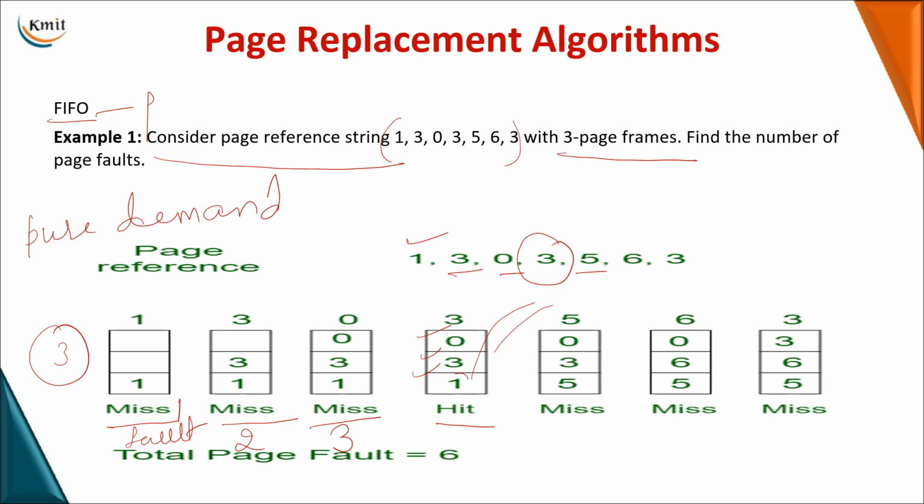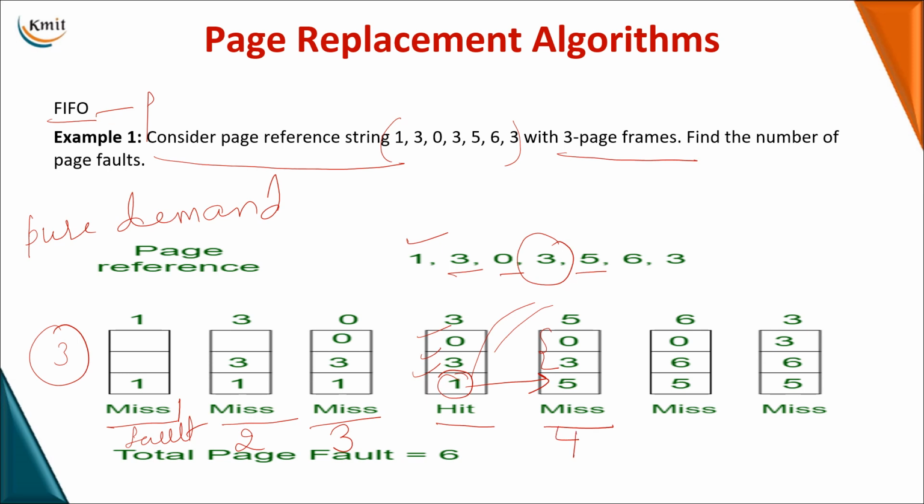Which page was first entered into this queue? 1. So I select this page for replacement, and in place of 1 we store 5. So 5, 3, 0; the remaining order stays as it is, 3 and 0. Since 5 is not present, it is a miss, so the page fault count would be 4.